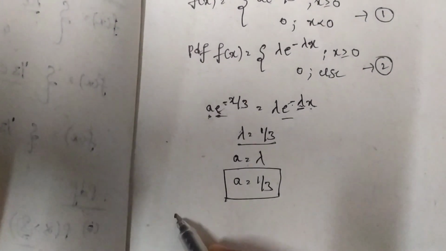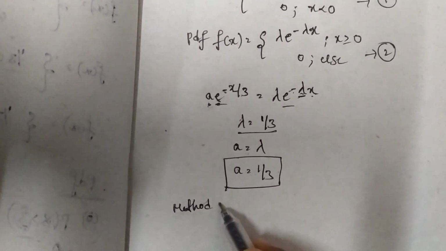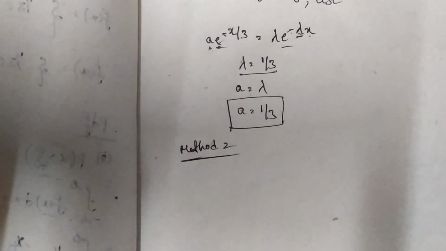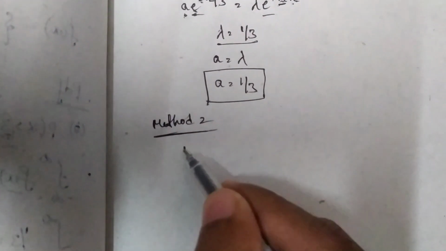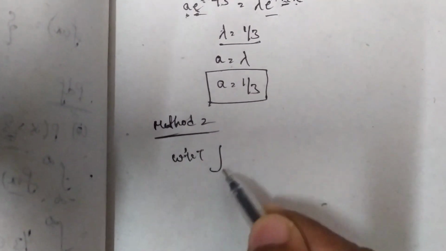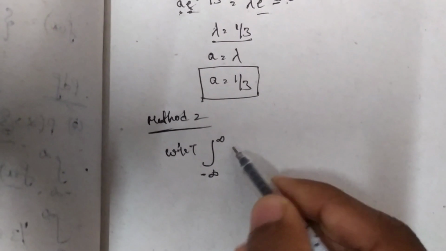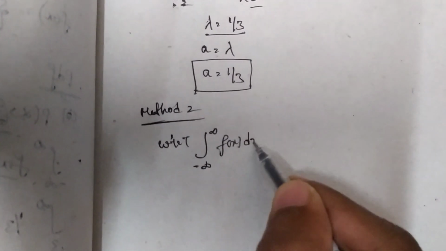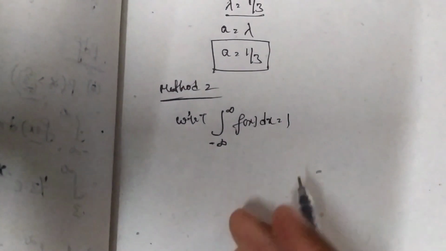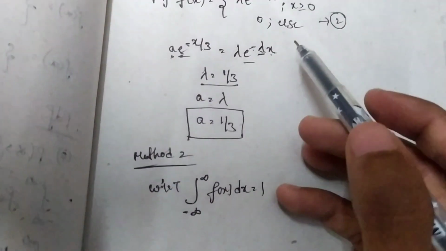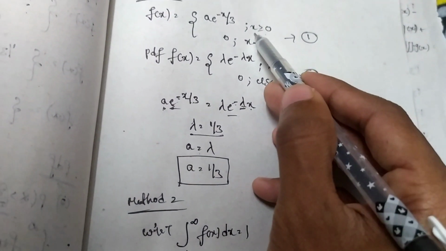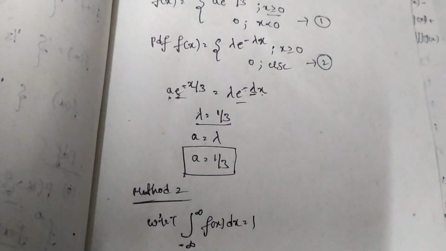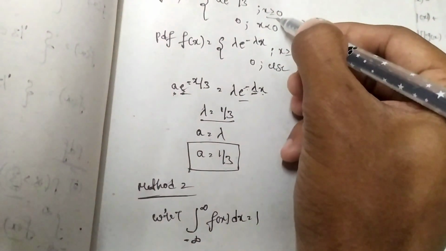The second method: we know that the integration from minus infinity to infinity of f of x dx equals 1. In the given function the condition is x greater than or equal to 0, so the least value is 0.